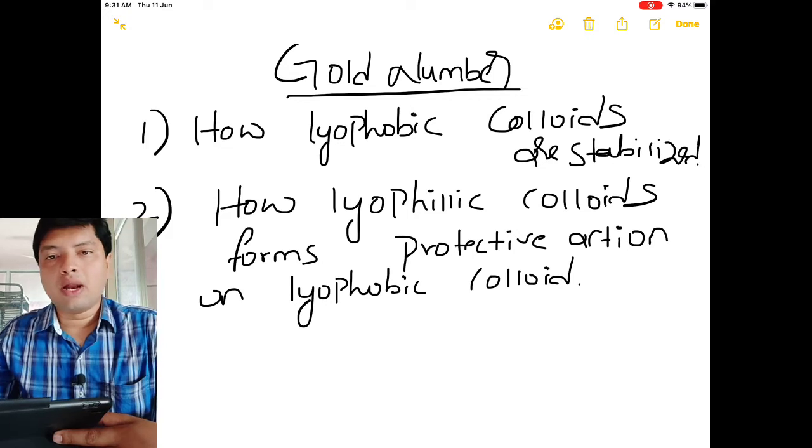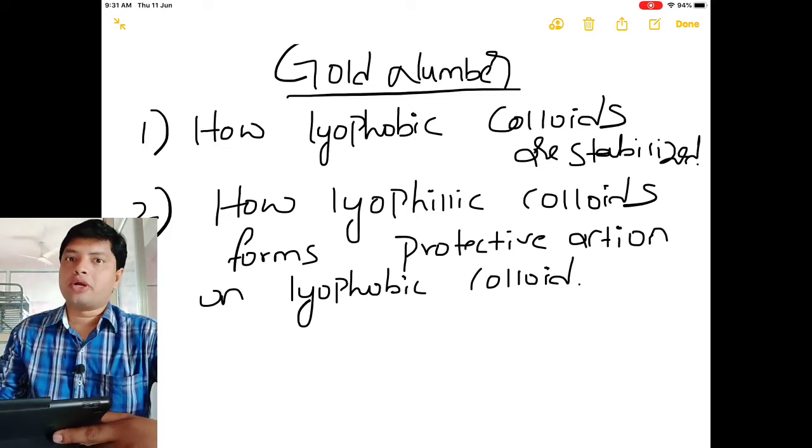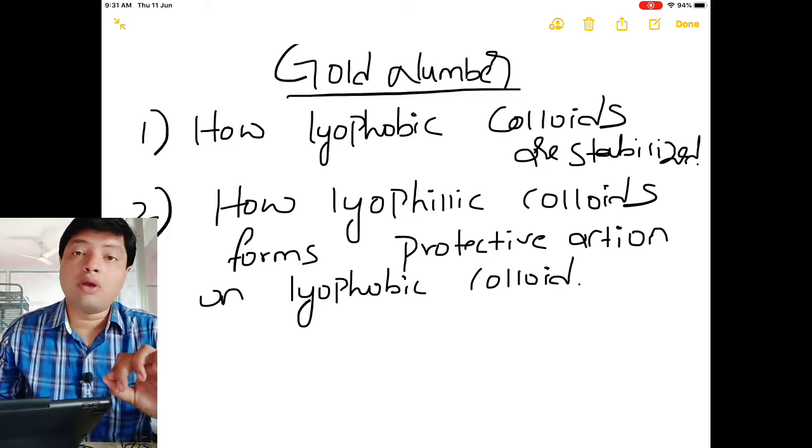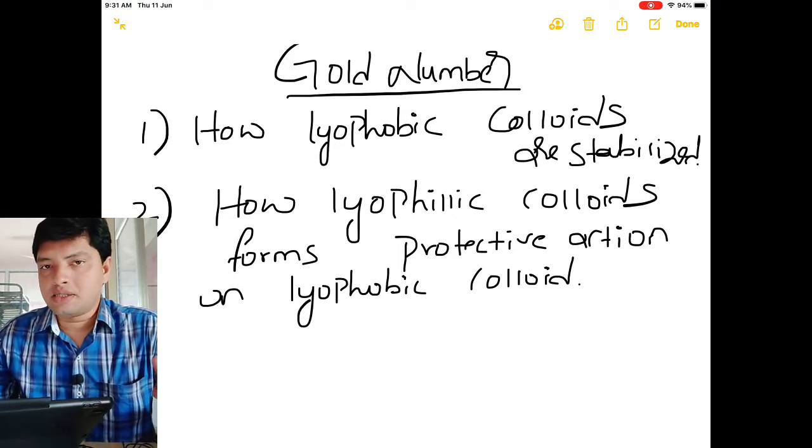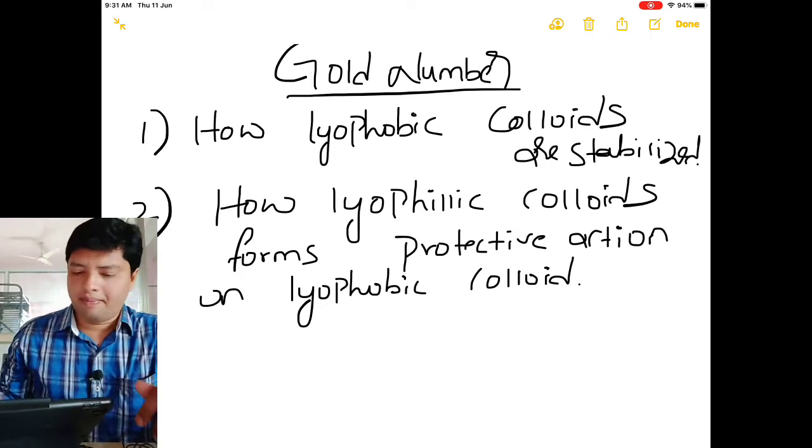When you add lyophilic colloids to the lyophobic colloids, they form protective action. They will try to protect the lyophobic colloids by preventing them from becoming unstable. They will stabilize them. How does it happen?